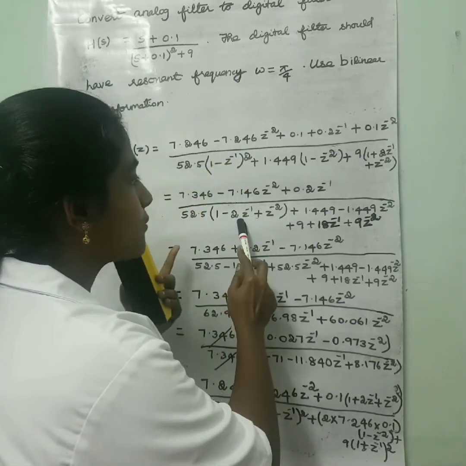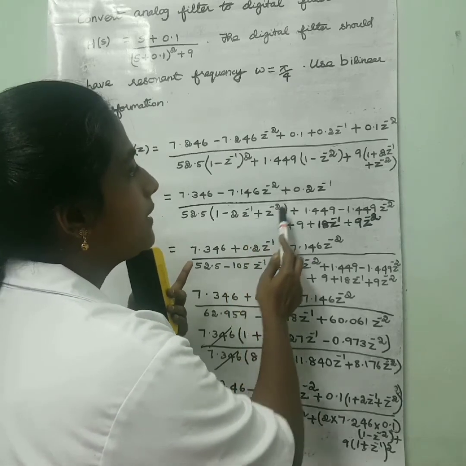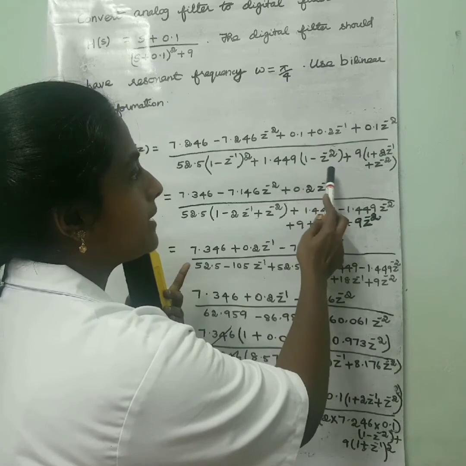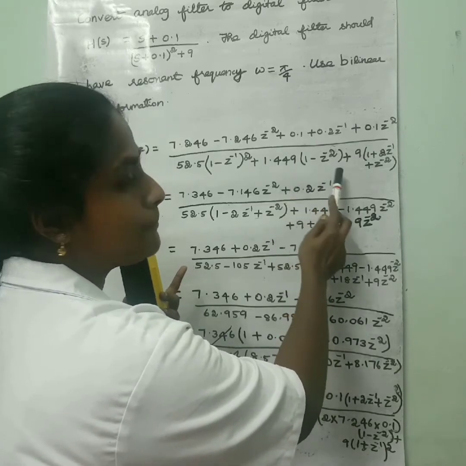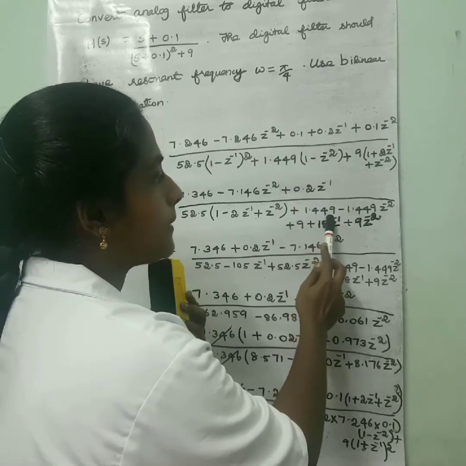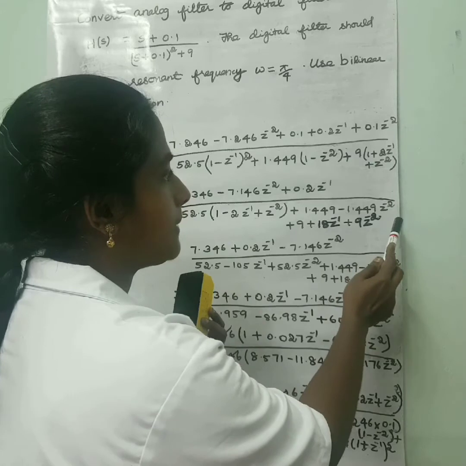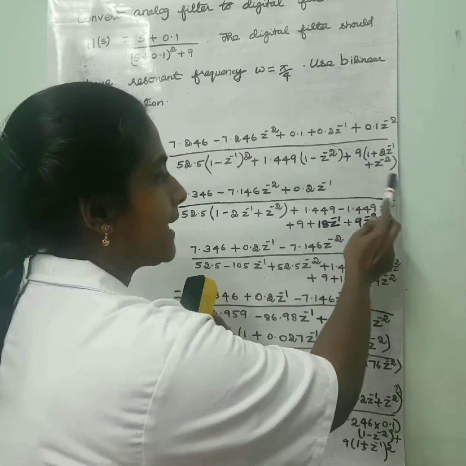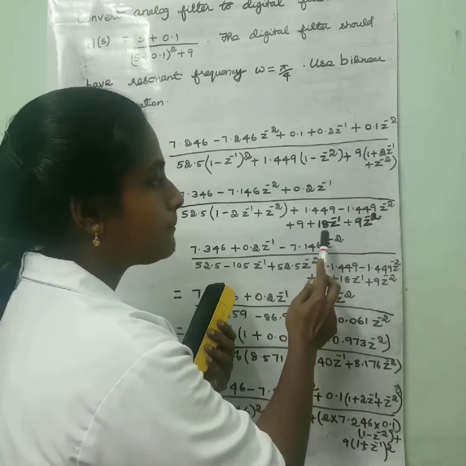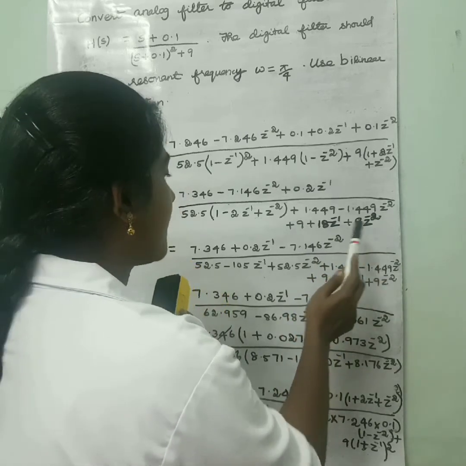So 1 minus 2 into z power minus 1 plus z power minus 2. You can multiply this 1.449 inside, so you will get 1.449 minus 1.449 into z power minus 2. Here you can multiply 9 inside, so you will get 9 plus 18 into z inverse plus 9 into z power minus 2.